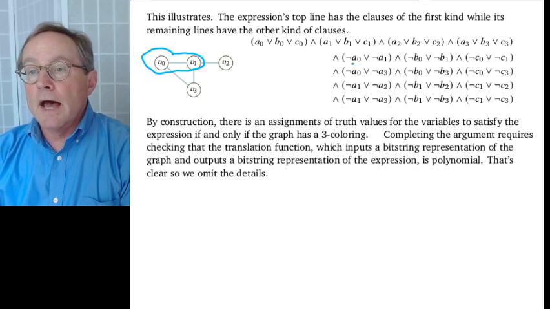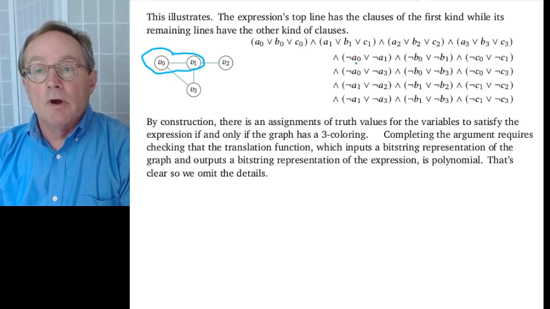It says that however you assign the colors, it cannot be the case that vertex 0 and vertex 1 share a color. It must either be the case that vertex 0 is not color 0, or vertex 1 is not color 0, or maybe both.